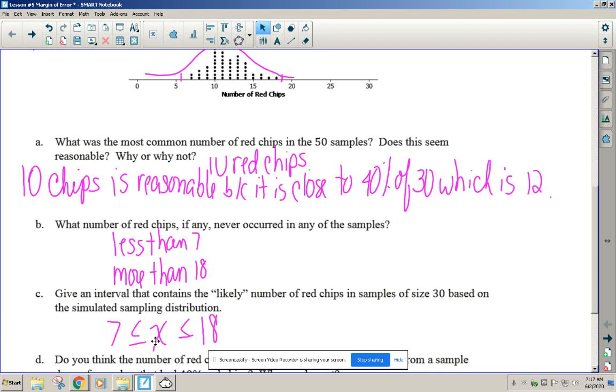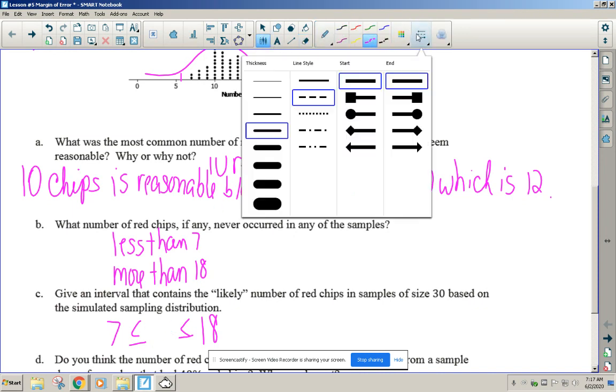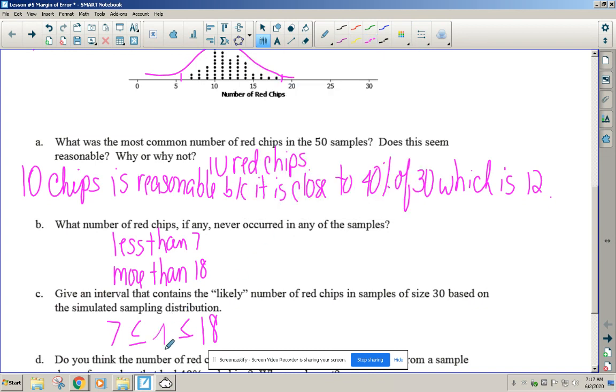Now we're actually going to change the x, and we're going to start using P. P means the population proportion, which we've used before, which is a percent.